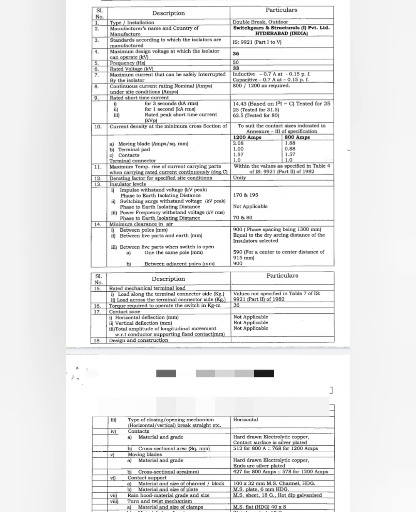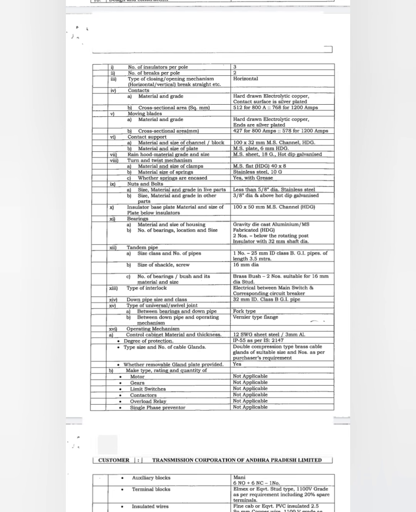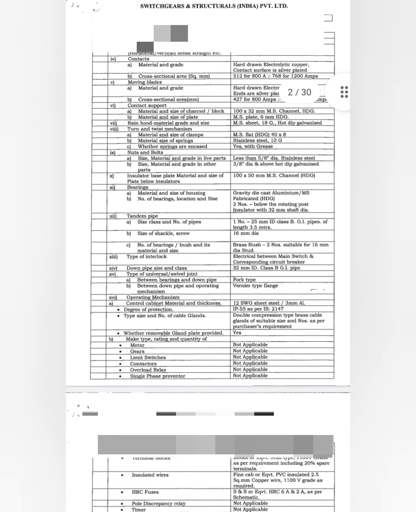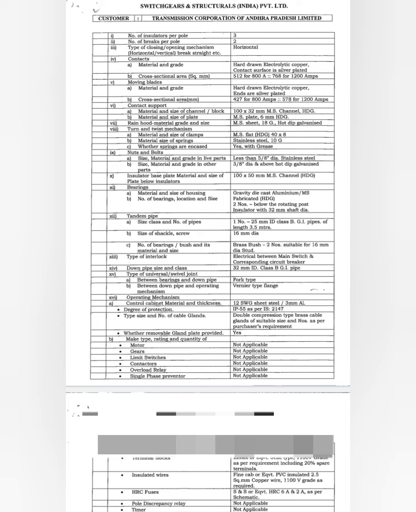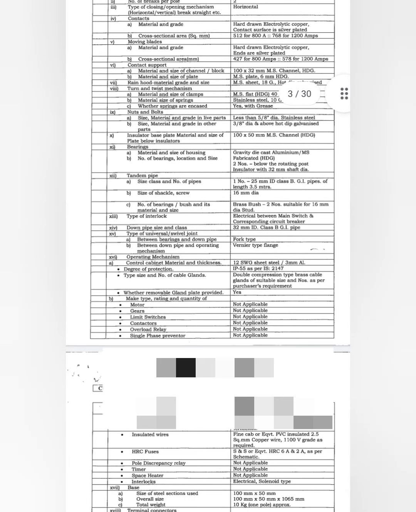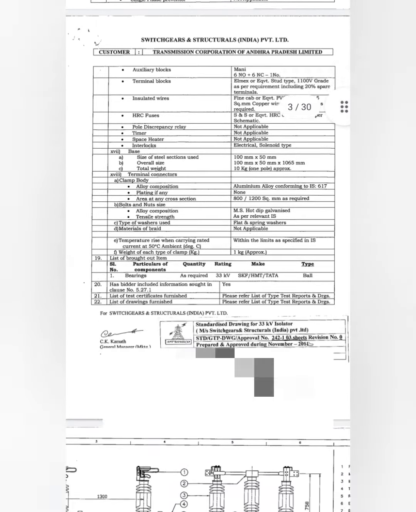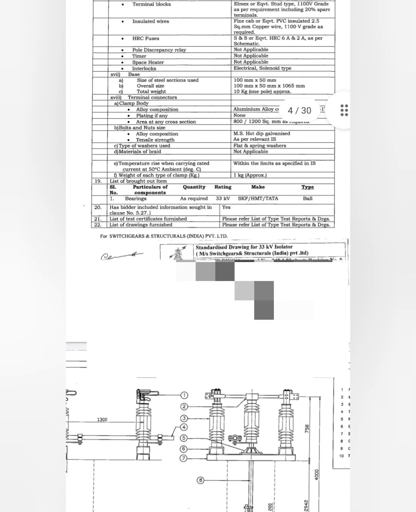And further, you can see the current values and everything in there, and also the maximum short circuit current, then the clearance from the ground surface areas, and also whether any motors, which means operating mechanisms, are taken for the 33 kV or not. All of these things are mentioned in this. So you can go through it by pausing the video.